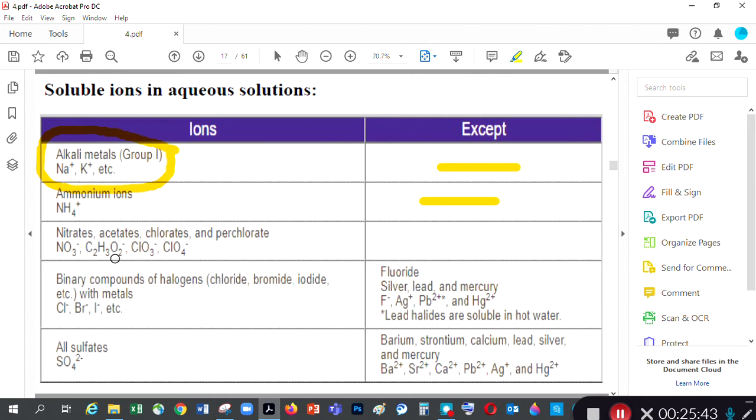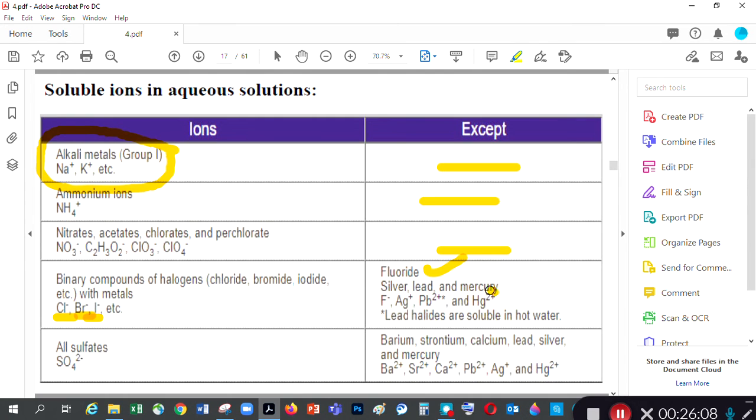Nitrate, acetate, chlorate, perchlorate, soluble. No exception. Now when we get into the halogens, the chloride, the bromide, the iodide, those three are soluble, except, what's the exception? The fluoride, it's not soluble within the halogens.